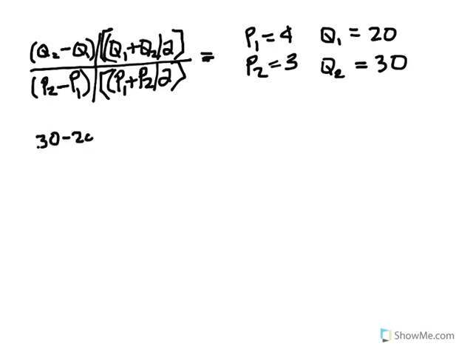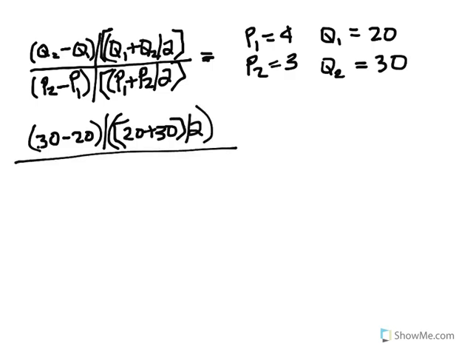So now we can just go and start plugging those numbers into our formula. So it's going to look something like this. 30 minus 20 divided by 20 plus 30 divided by 2 all over 3 minus 4 divided by 4 plus 3 divided by 2. And again, now we're just going to do the simple math out.